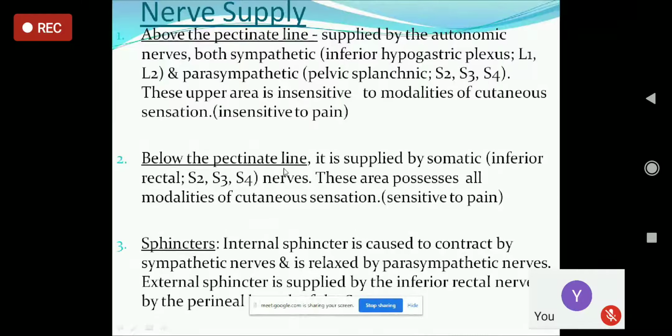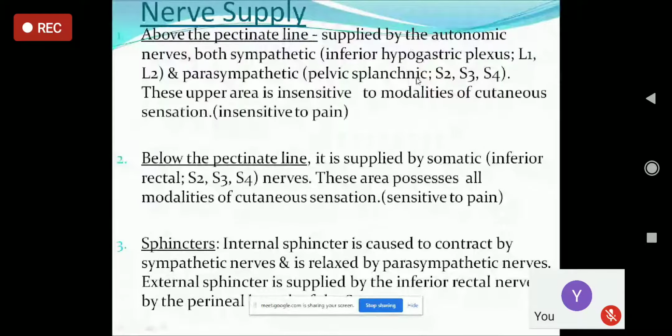But below the pectinate line, it is supplied by the somatic nerve, the inferior rectal nerve, that is S2, S3, S4. So this area is sensitive to pain. Please remember, the upper area above the pectinate line is supplied by autonomic nerves, so it is not sensitive to pain.